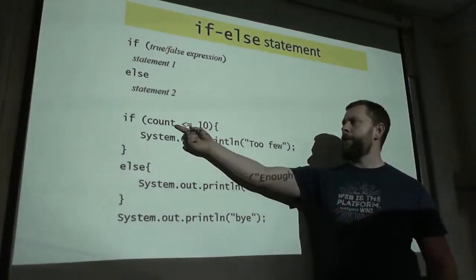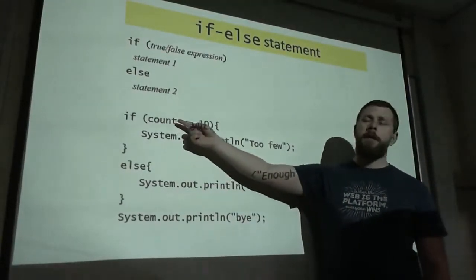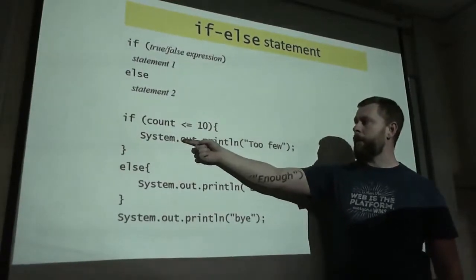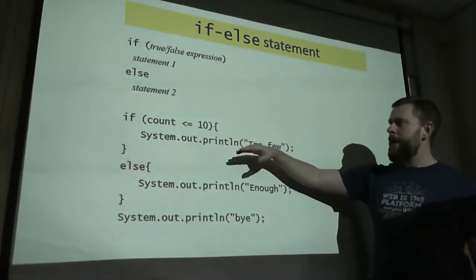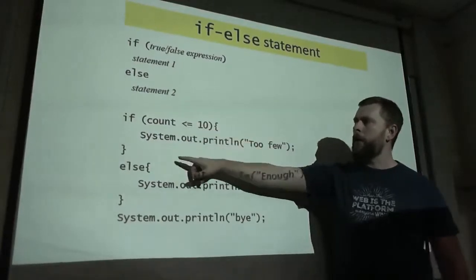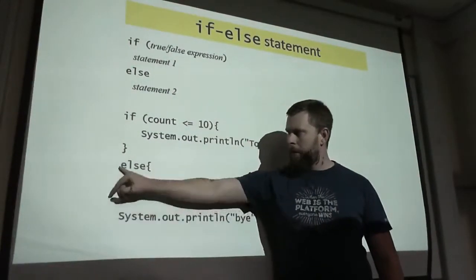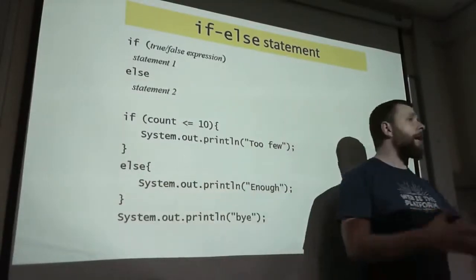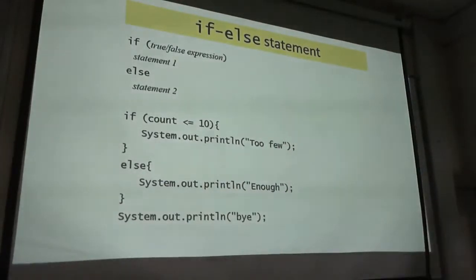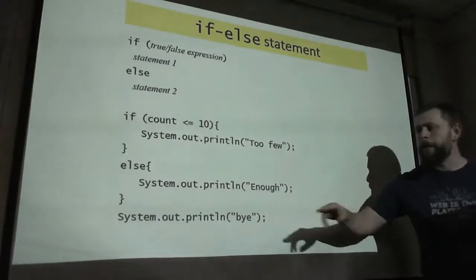So this is what you're going to check for. This is what you want. If you get this, fantastic. You're going to run this piece of code here. If you get into this block of code here, when you hit the closing bracket, you skip everything else. So you skip the else part or any other parts we're going to link in. And you go down to the bye printout statement.